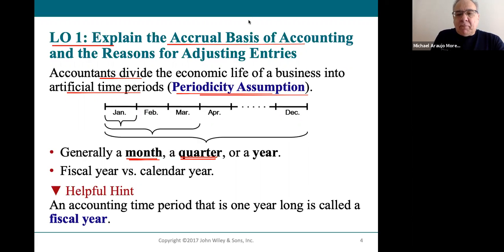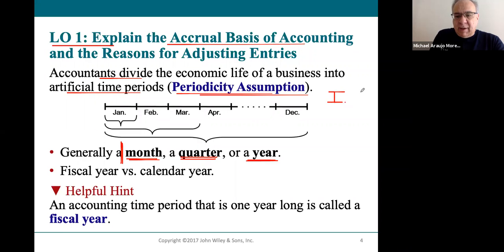But the most we will do in accounting is keep records for a year's period of time. That's the most. So in terms of record keeping, which is accounting's basis, the shortest record that you will have available to you would be the monthly record. What record specifically? The income statement.